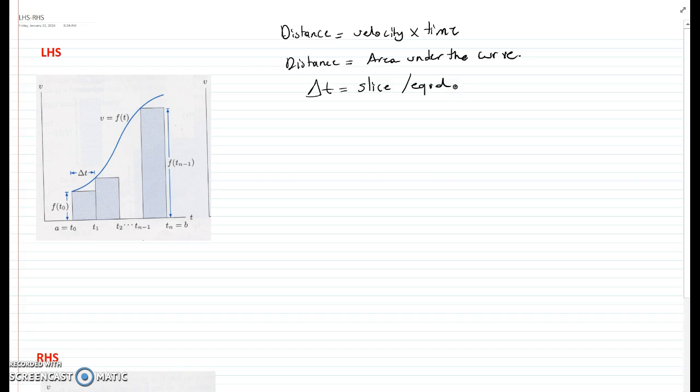It doesn't matter whether delta t is 2 or 1. What matters is where we start to draw the first rectangle.